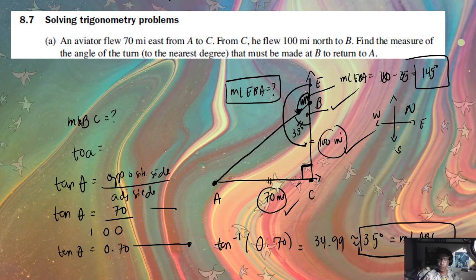Therefore, at what angle must the aviator turn, to the nearest degree, from point B to return to point A? The aviator's airplane must make a 145 degree turn in order to sharply return from point B to point A.